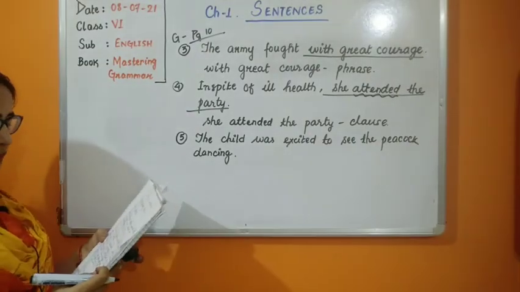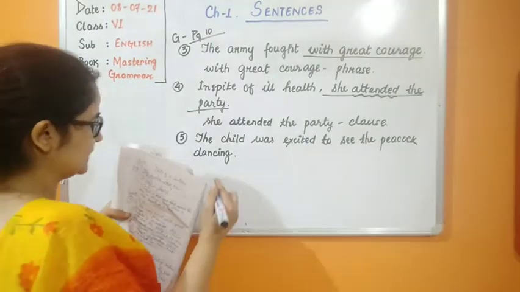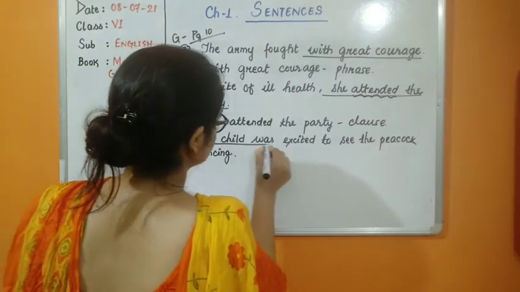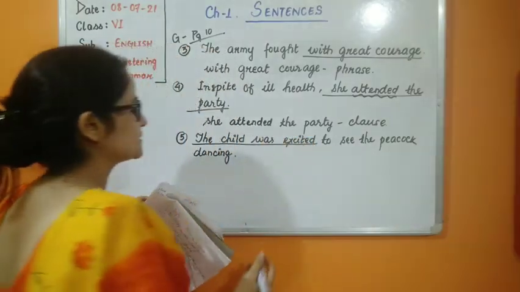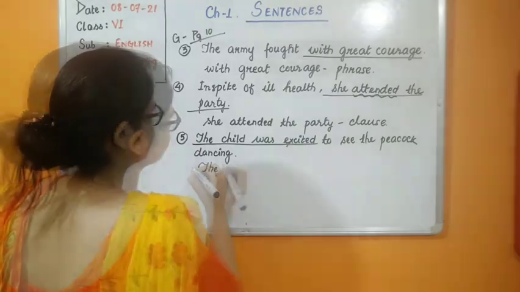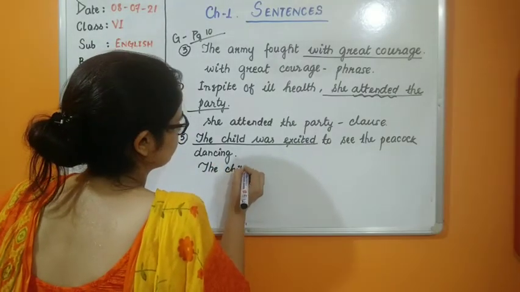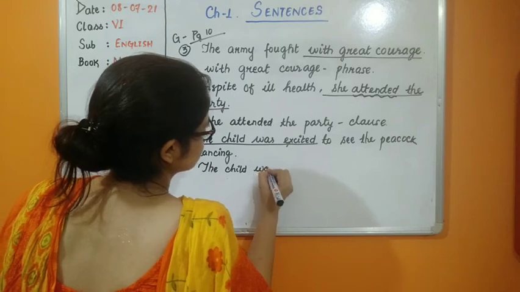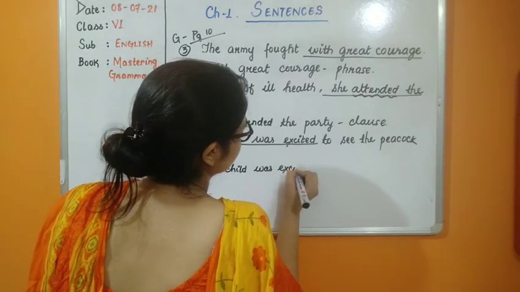Now the underlined words are the child was excited. Okay children, so we can see obviously there is a verb, was excited. So the child was excited is what? Our clause.